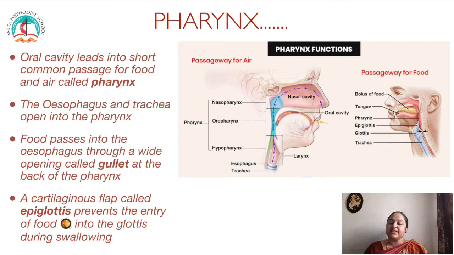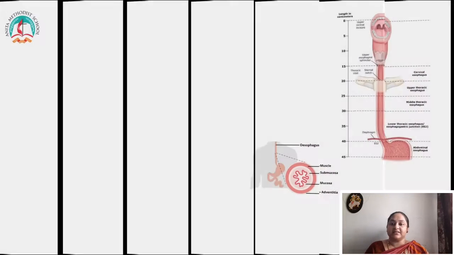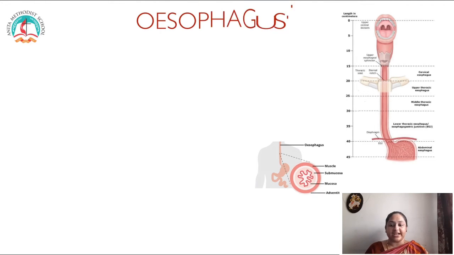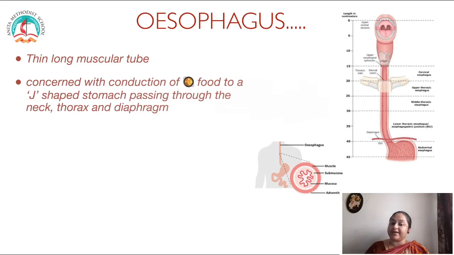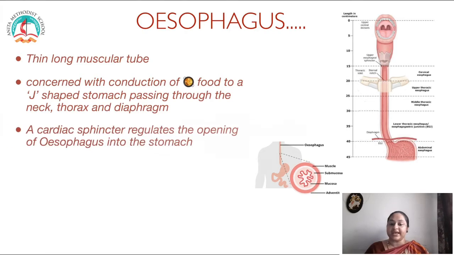Okay, then what happens? The esophagus. Food enters the esophagus. It is a thin, long, muscular tube. It is concerned with the conduction of food into a J-shaped stomach, passing through the neck, the thorax and the diaphragm. The cardiac sphincter regulates the opening of the esophagus into the stomach.